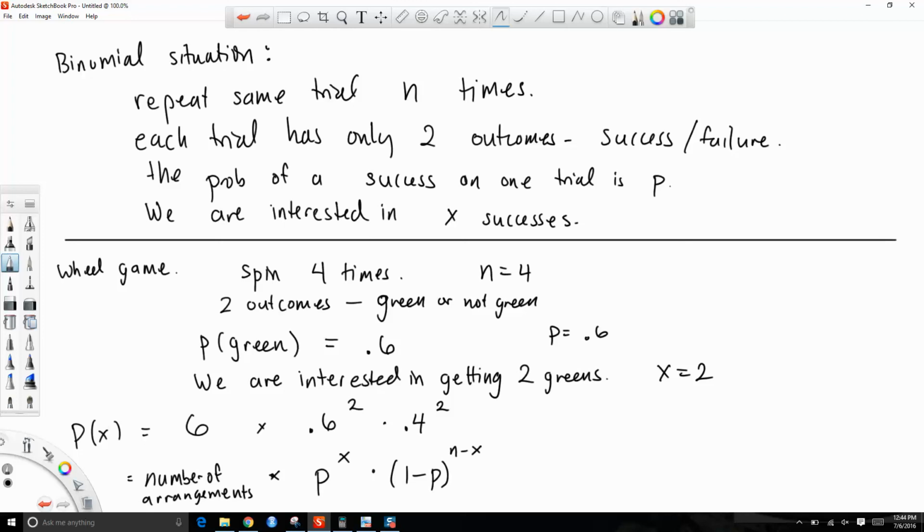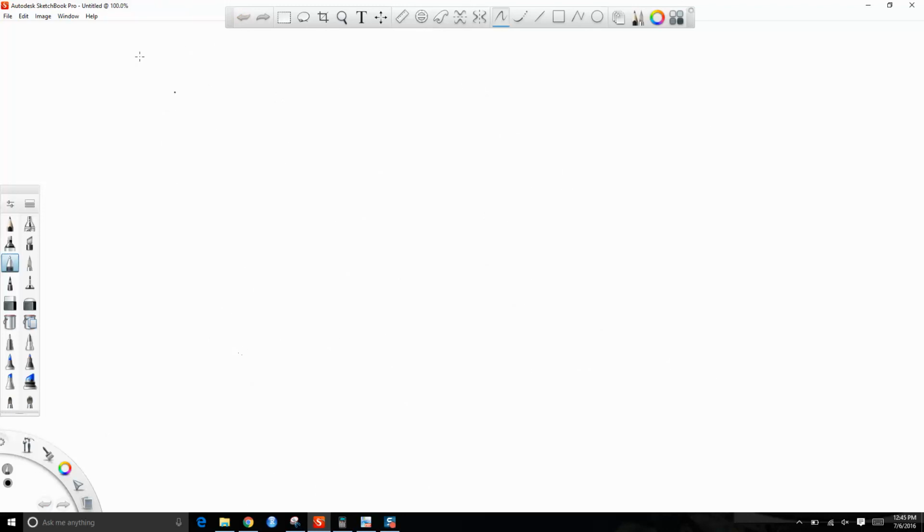Does that feel okay? All right, so the piece that's missing is how do we figure out the number of arrangements? The number of arrangements is determined by what we call a combination. You have permutations and combinations, and these are combinations. And so we have something called choose.